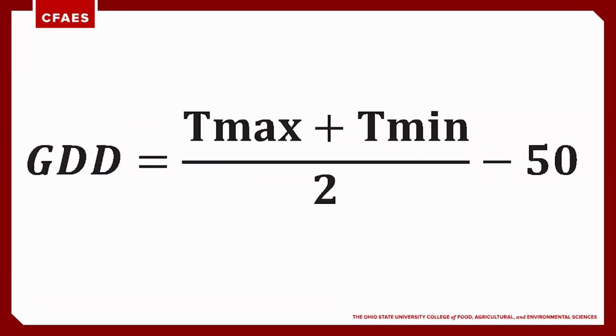The equation is the maximum temperature plus the minimum temperature in a day, divided by 2, minus 50.